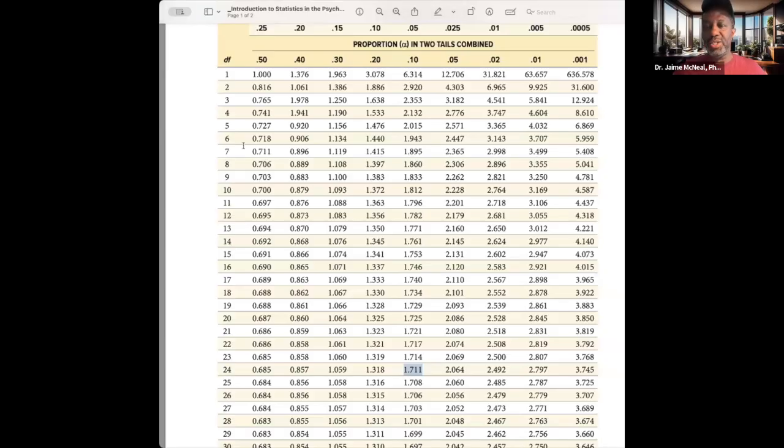We want a two-tailed test for 0.05 for degrees of freedom 20. There we go. 2.086 is our critical value, right?